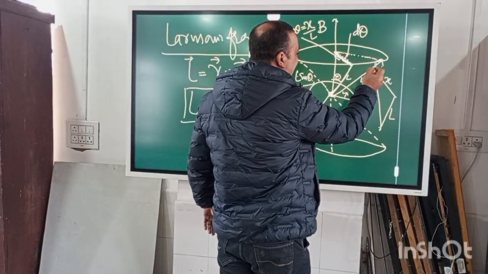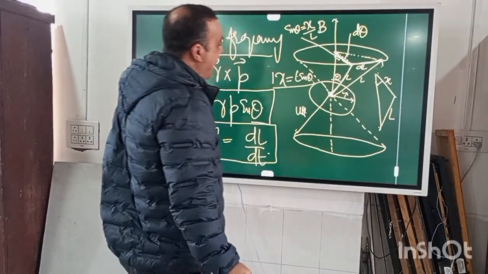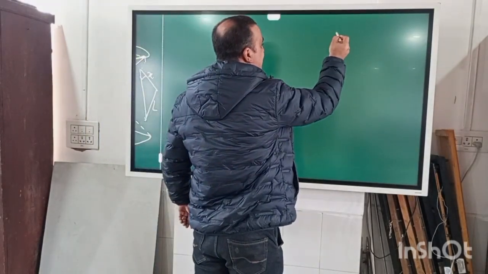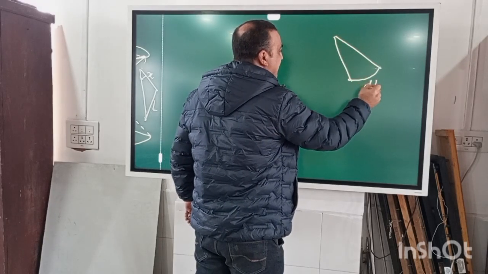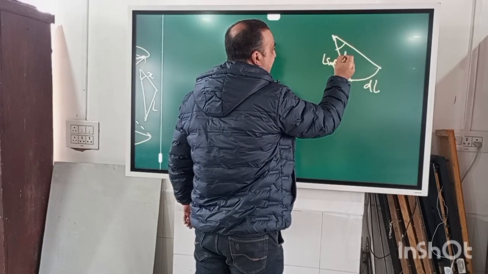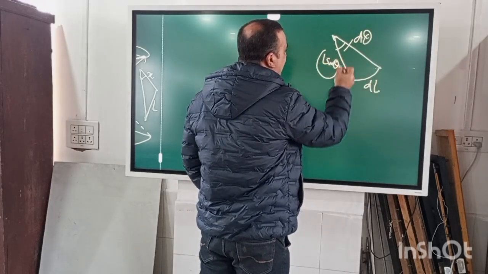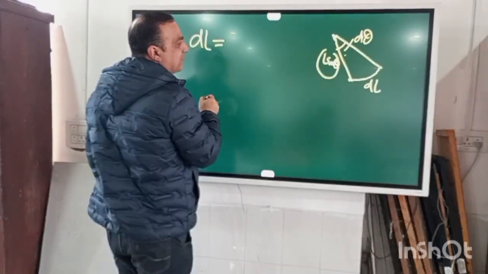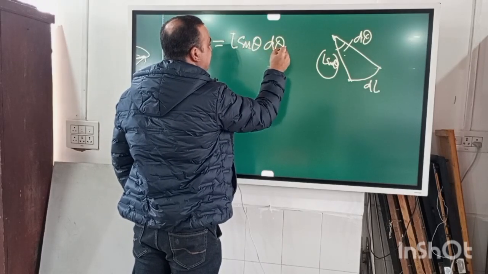Now, if I want to calculate this, what is this? This is basically the change in angular momentum, dL. You have a situation like this in which you have an arc. This arc is of length dL, and this is already calculated as L sine theta, and the angle here is d theta. As we know, an arc is r times the angle, so dL will be L sine theta d theta.